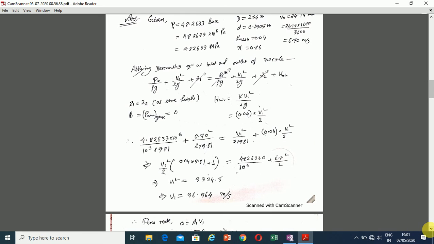Now at the inlet and at the outlet of the nozzle, we apply Bernoulli's theorem. We get P naught by rho g plus V naught square by 2g plus Z1 is equal to P1 by rho g plus V1 square by 2g plus Z2 plus minor losses. Now since Z1 is equal to Z2, as the nozzle is horizontal, the inlet section and outlet section are at the same height, so Z1 and Z2 cancel out each other.